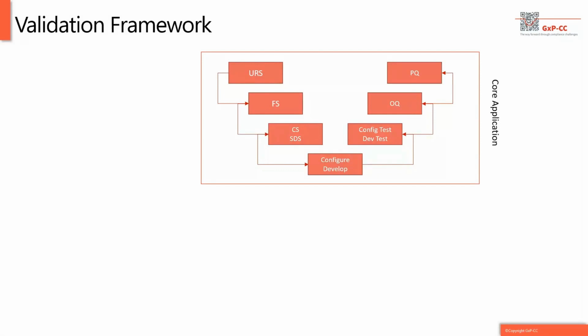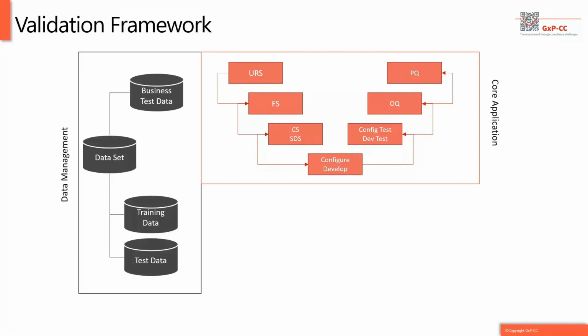So that is not quite enough to act on it yet. The second thing we need, business case, is data. So we have some kind of data, we have acquired that, and we are splitting this data set into three. The training data and the test data we already know from how we develop an AI, but we also want to have some kind of small set of business test data, so we can do an overall OQ and PQ.